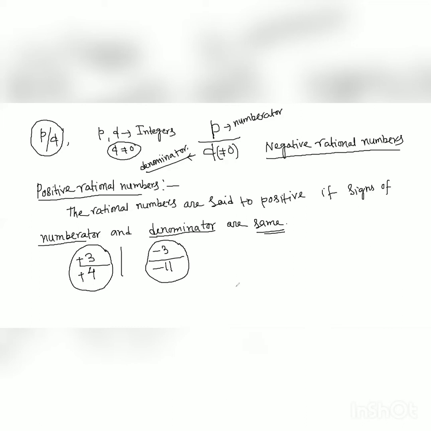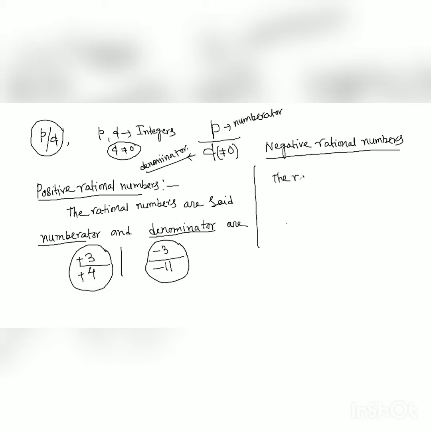Now, when will it be a negative rational number? Let me erase this part a little bit. There will be a negative rational number if the sign of the denominator and numerator are opposite.